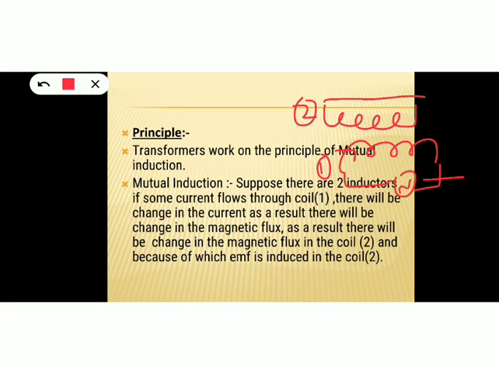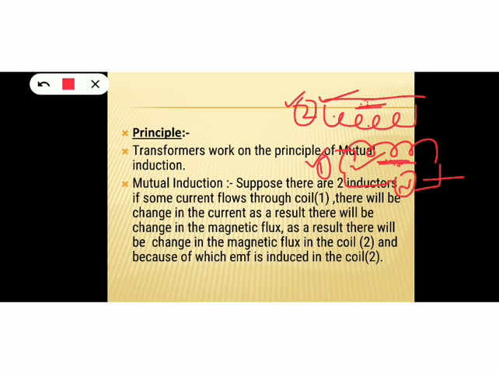So the flux associated with coil 1 changes. Since coil 2 is very close to coil 1, any change in the magnetic flux associated with coil 1 will be reflected in coil 2 also. So the magnetic flux associated with coil 2 also changes, due to which an EMF is induced in coil 2.